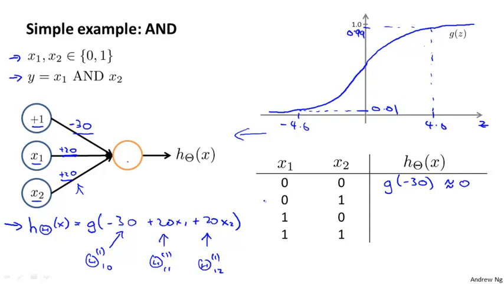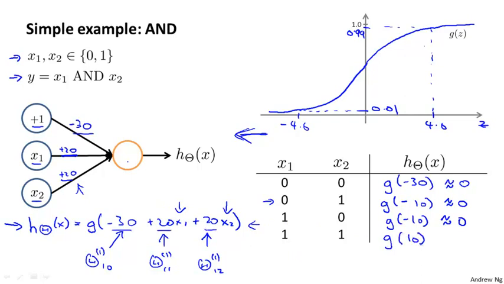If x1 equals 0 and x2 equals 1, then this formula evaluates to g, the sigmoid function applied to minus 10. Again, that's to the far left of this plot, and so that's again very close to 0. This is also g of minus 10 if x1 is equal to 1 and x2 is 0; this is minus 30 plus 20, which is minus 10. And finally, if x1 equals 1 and x2 equals 1, then you have g of minus 30 plus 20 plus 20.